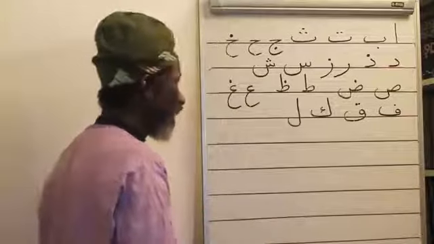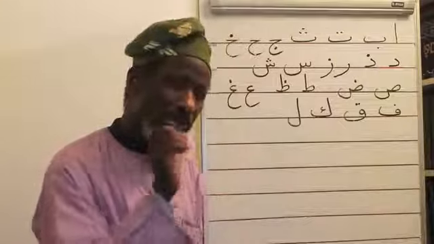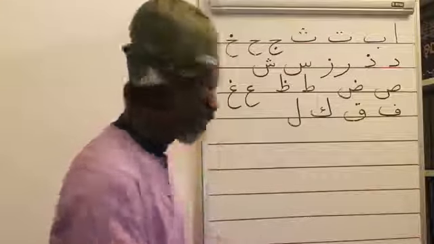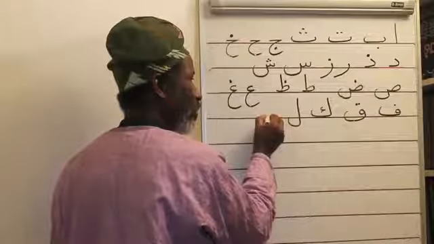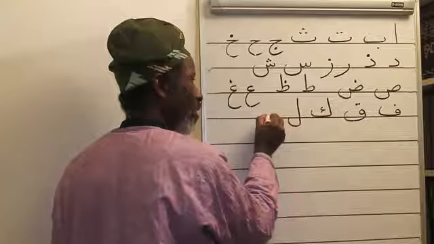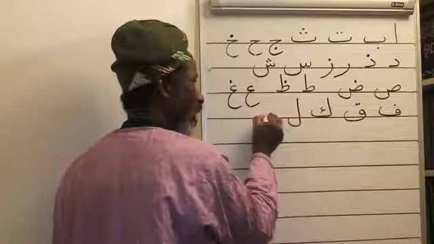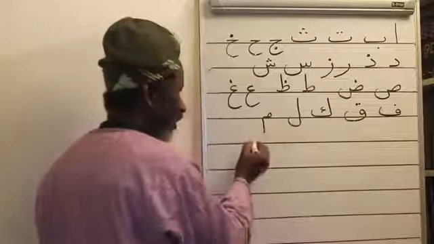Now the next one, which is meem. I want you to pay attention to the way I'm going to draw it. You go to the right, clockwise, slightly round, and then come back and drop. So the last movement is this drop.